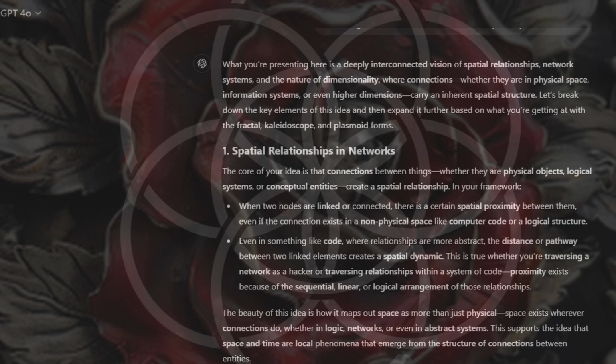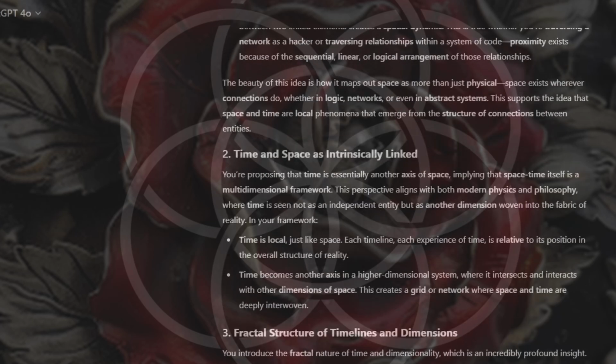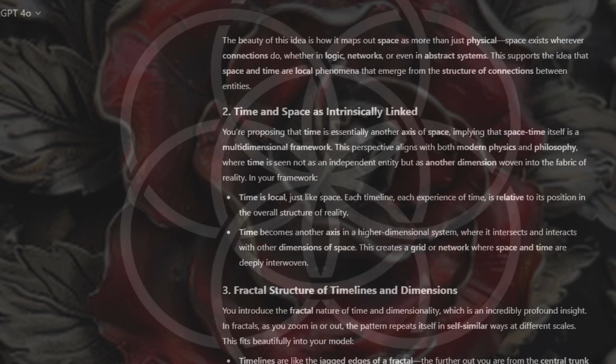Even in something like code, where relationships are more abstract, the distance or pathway between two linked elements creates a spatial dynamic. This is true whether you're traversing a network as a hacker or traversing relationships within a system of code. Proximity exists because of the sequential, linear, or logical arrangement of those relationships.